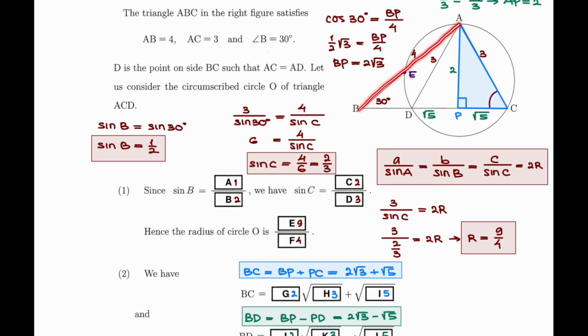AB is called a secant line. BC is also called a secant line. Basically, a secant is a line that intersects a circle at two different points.